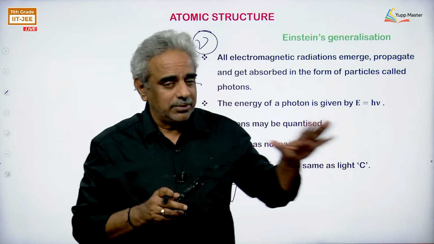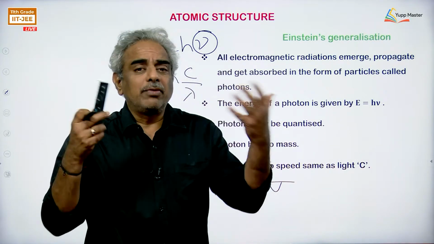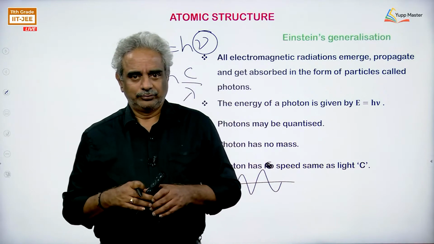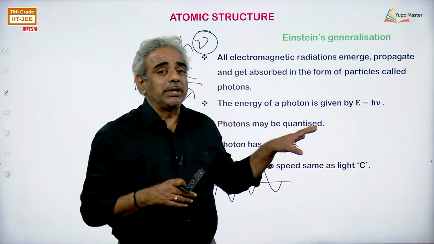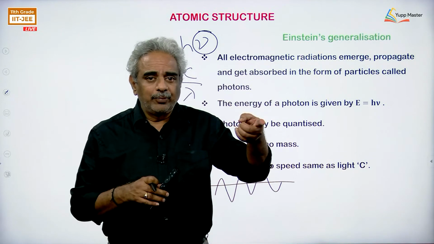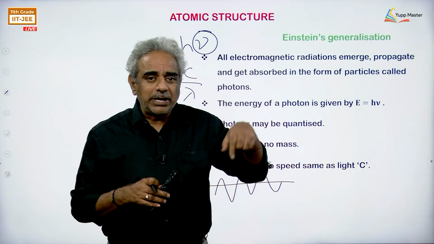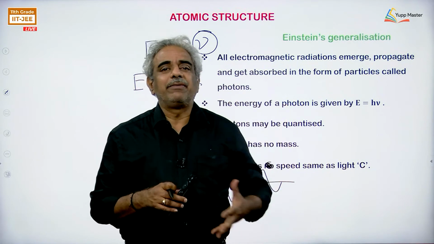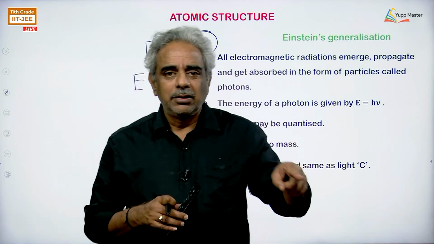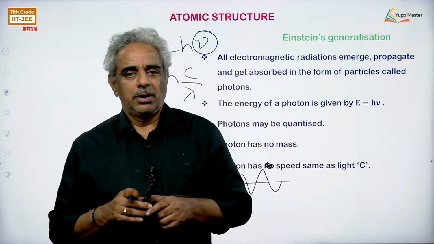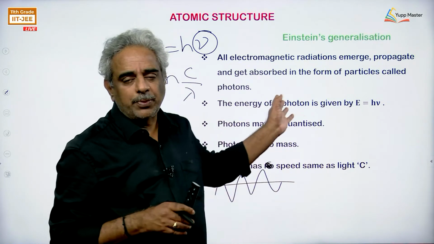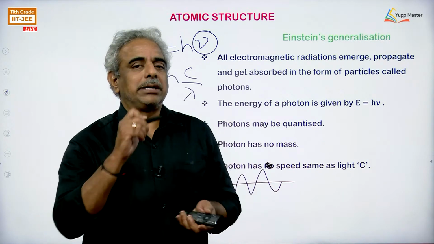Velocity is light velocity. But why should we take Einstein's theory for granted? Planck proposed it intellectually to explain the curve given by blackbody radiation. But what evidence did Einstein have to support his proposal that light is a particle?